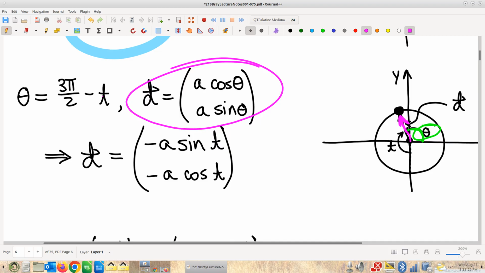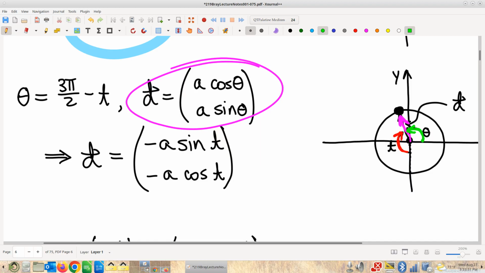And the observation to make, and this is another straightforward observation, you've got to think it through, keeping in mind that that's our angle t, and that theta goes kind of this way. Notice that as t increases, theta decreases, right?